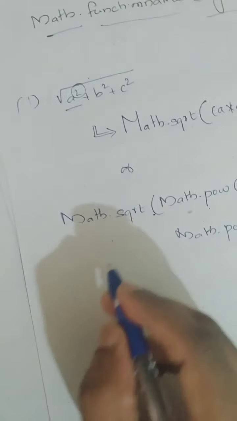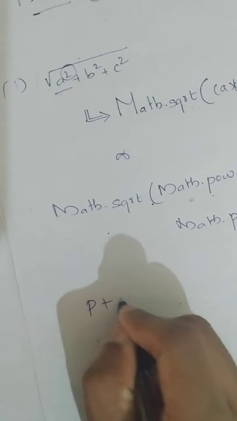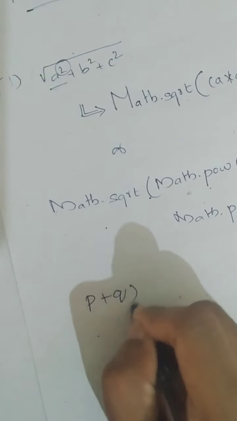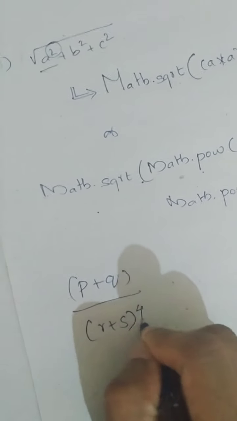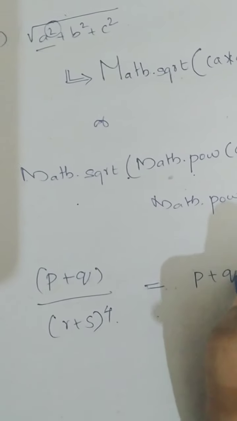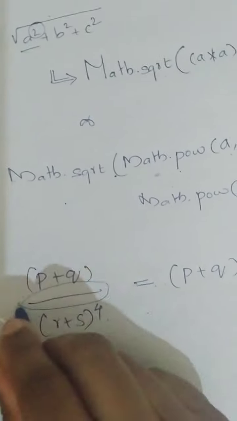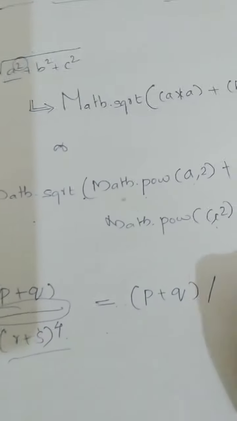Next I will show you one more thing. (P + Q) divided by (R + S) raised to 4. How will you write this in Java expression? (P + Q) in brackets. This thing is not in Java. For that you will write slash and (R + S) the whole raised to 4.